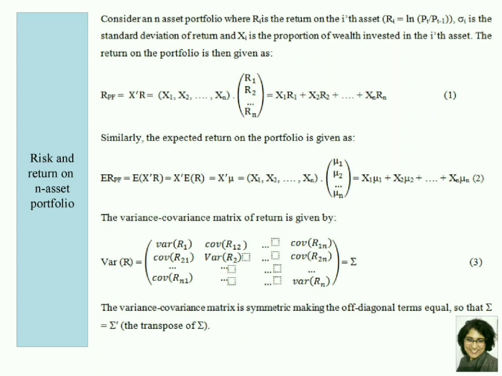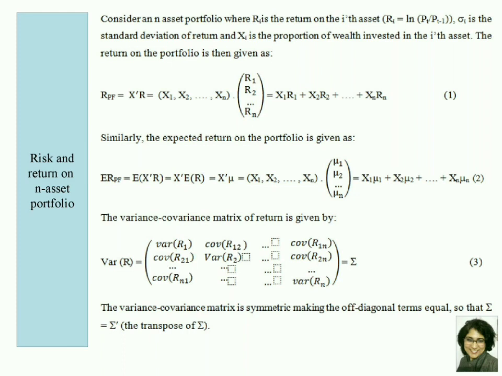Therefore, the return on the portfolio is then given as RPF, which is nothing but the product of the two matrices. The first matrix is the weight matrix and the second matrix is the return matrix.